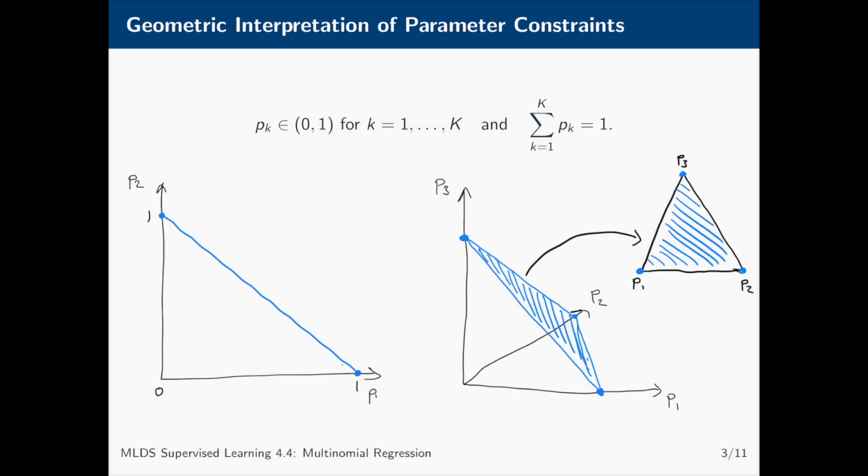With 3 parameters, our permitted values are a triangle, or a 2-simplex. With 4 parameters, our permitted values will be on a 3-simplex, or a tetrahedron. I don't have the drawing skills to make you a picture of that one though. These simplexes can also be defined in higher dimensions in exactly the same way. It's just that those are much harder to visualize because they can't be drawn at all.